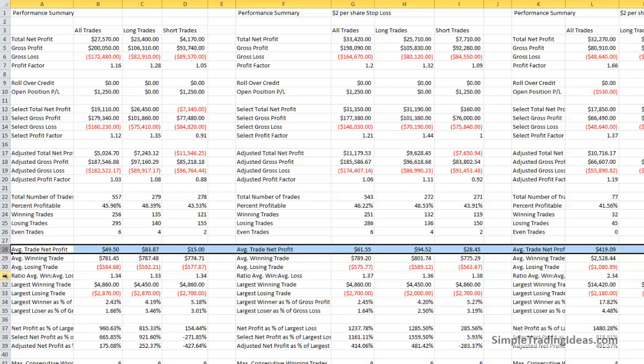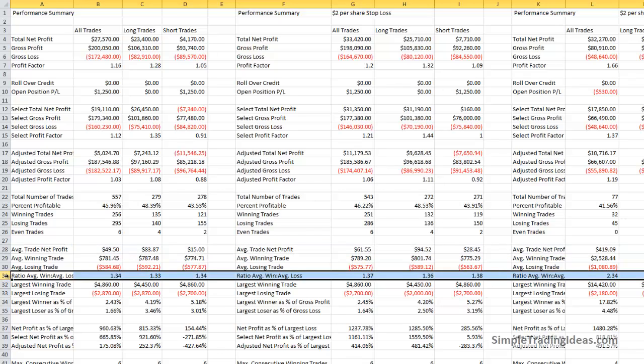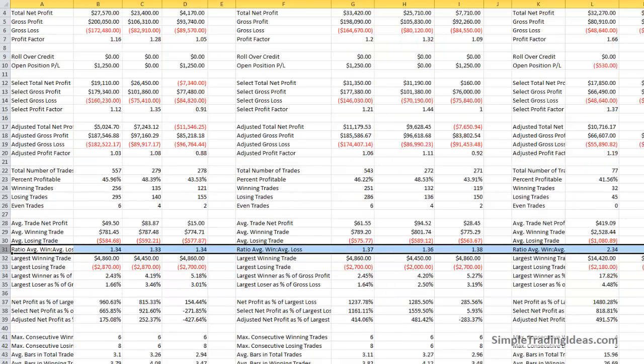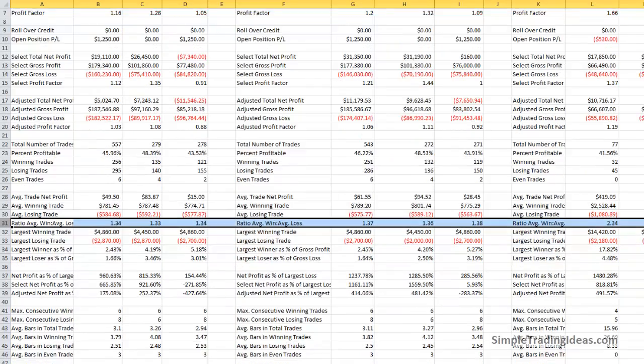And here's something else to look at. Ratio of the average win to loss, 1.34. Here a little bit better, 2.34. So we're starting to look at some things here. And these are just a few of the parameters that it's necessary to look at.